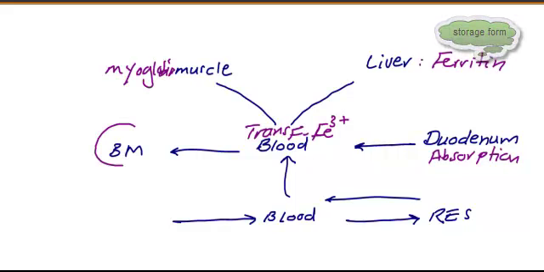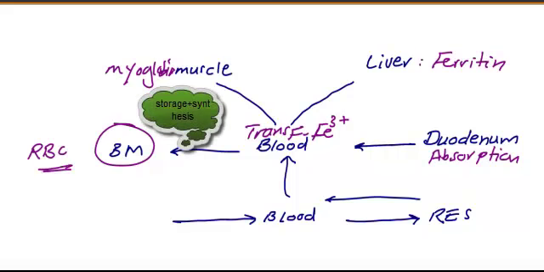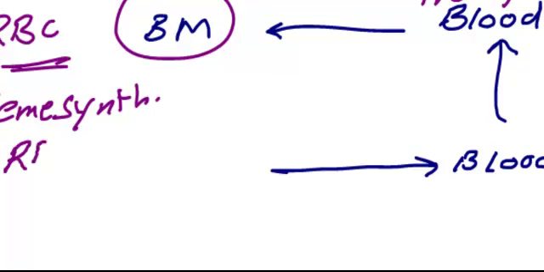I think this is the most important. Transferrin with iron will go and be incorporated into the bone marrow, into the red blood cell precursors for heme synthesis. Okay, now I have red blood cells, and red blood cells go to the circulation.